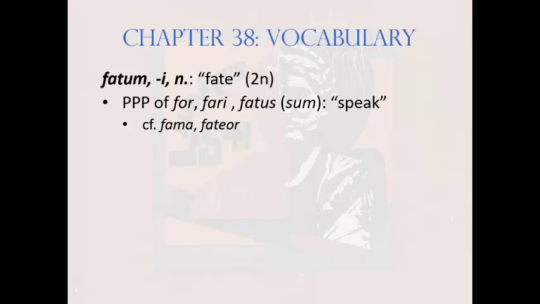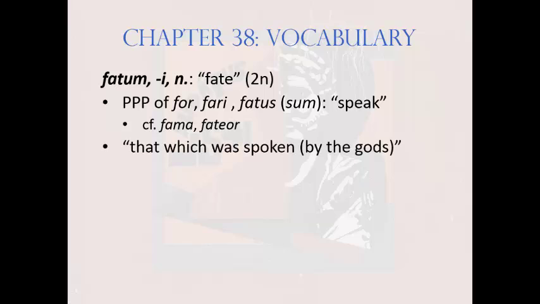So fatum, neuter singular, is literally the thing having been spoken. That is, that which was said, with the implication said by the gods. If the gods say it, it's going to happen. That's just the way it works, in the Roman mind at least. What would be the accusative plural of fatum? Good for you, it's neuter, fata.